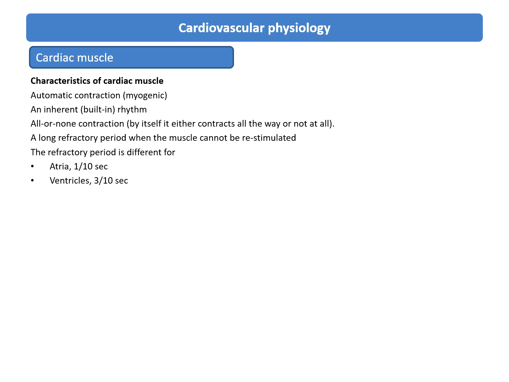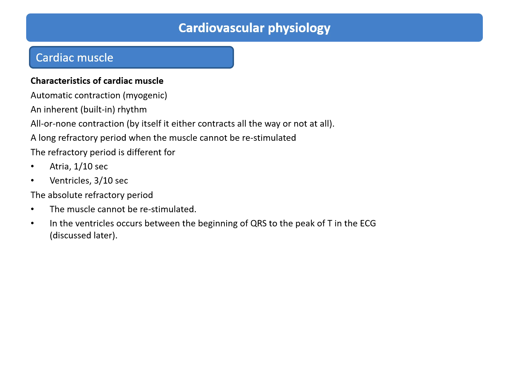In the ventricles, the refractory period is 3/10 of a second. The absolute refractory period is a period when the muscle cannot be re-stimulated, no matter how strong the stimulus is. In the ventricles, this occurs between the beginning of the QRS part to the peak of the T in the ECG. Now, I know that doesn't make any sense right now, but we'll get to it shortly.